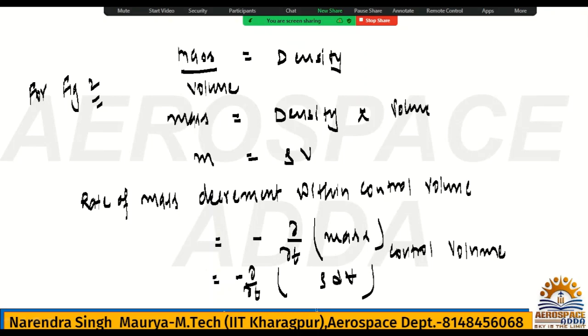But it is elemental volume, so for the full control volume you have to integrate. Because it is the volume integral, three integrals you will write. Understood? Why three integrals? Because it is a volume.